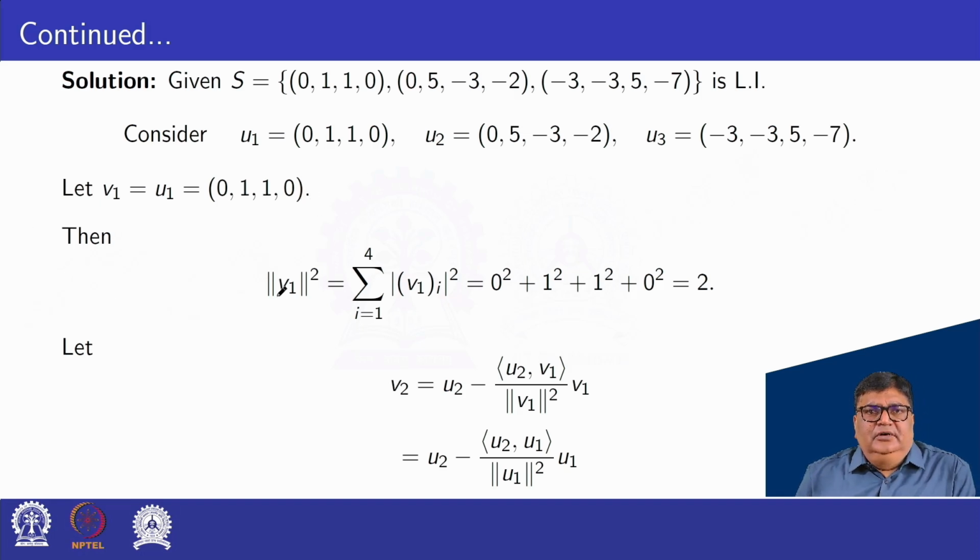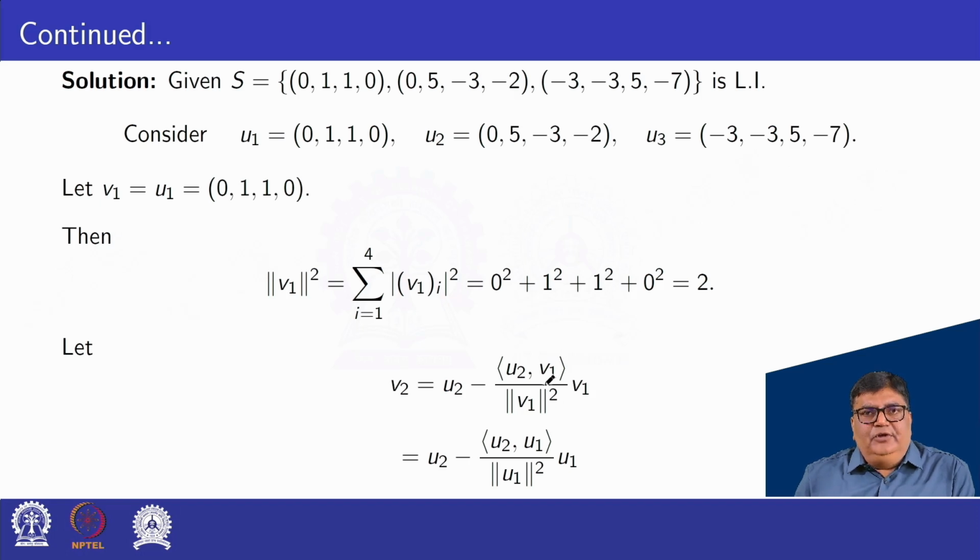Then the norm of V1 squared is the summation over i from 1 to n of mod V1i squared, that is 0 squared plus 1 squared plus 1 squared plus 0 squared, that is 2. Let V2 equal U2 minus the inner product of U2 and V1 upon the norm of V1 squared, into V1.